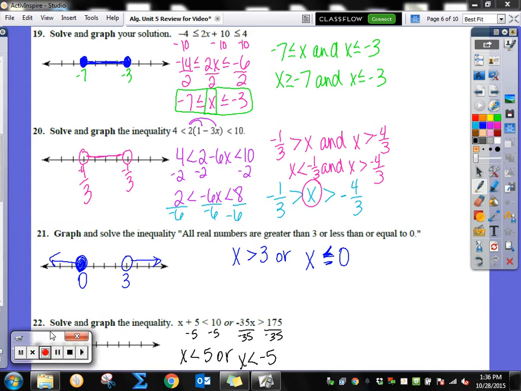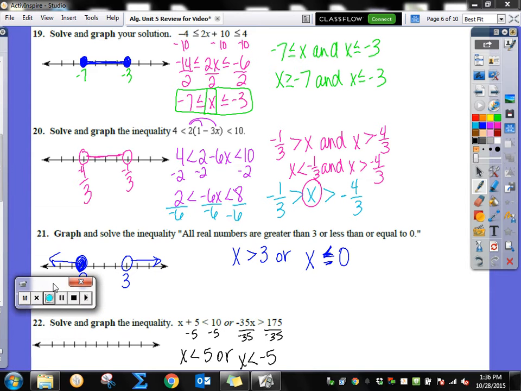Then we need to graph. So I've got a 5 and a negative 5. So negative 5 on the left, positive 5 on the right. So it is less than 5 or it is less than negative 5.